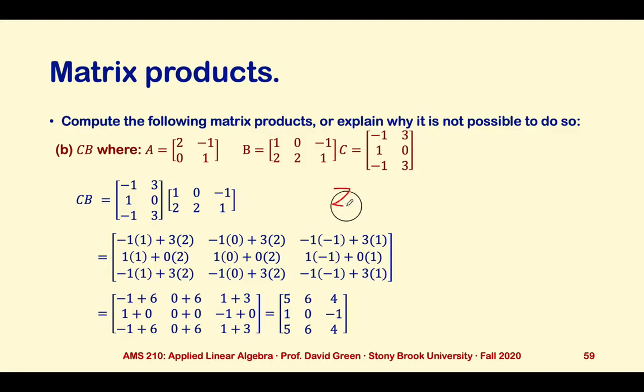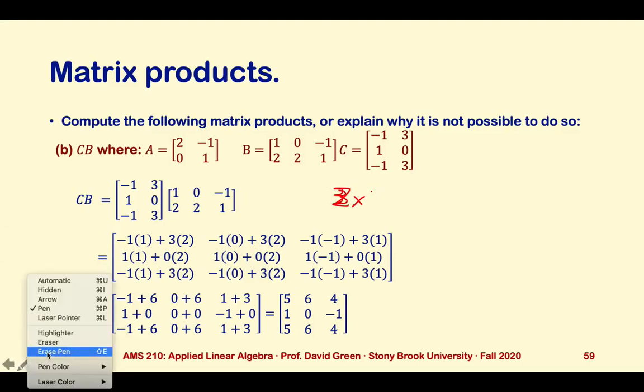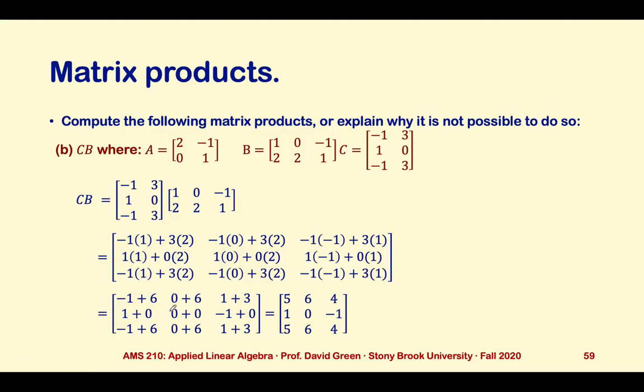C is a 3-row by 2-column matrix, and B is a 2-row by 3-column matrix.